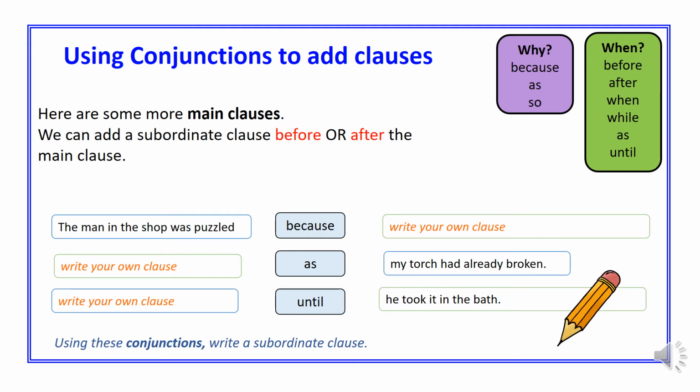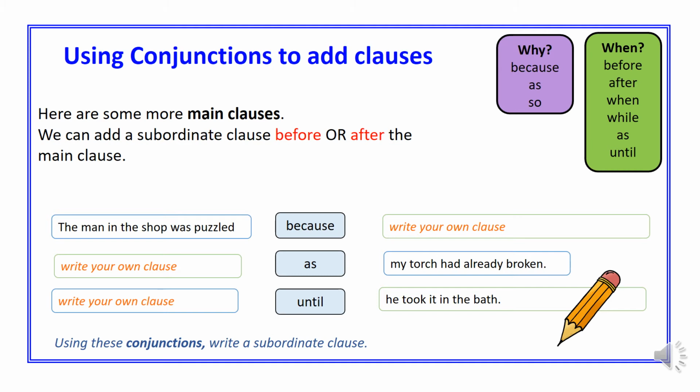As we have mentioned before, we can add subordinate clauses before or after the main clause. Here are 3 examples below. In the orange boxes, where it says write your own clause, this is your opportunity to finish and complete the sentences. The man in the shop was puzzled because write your own clause.